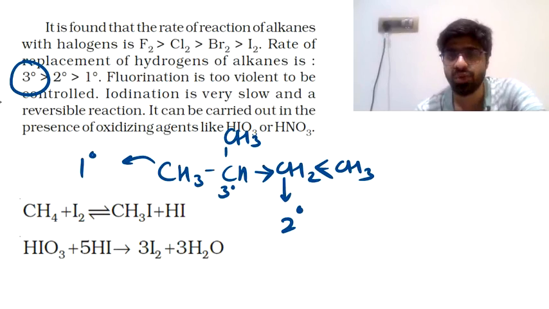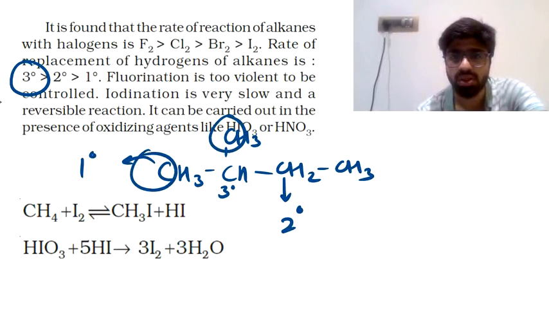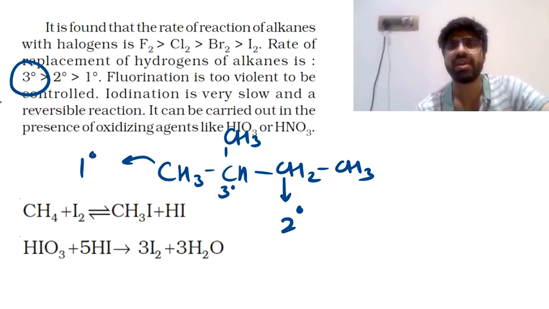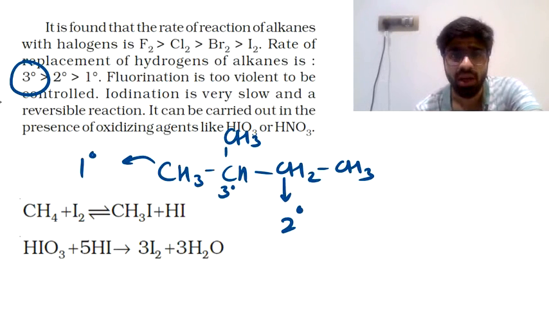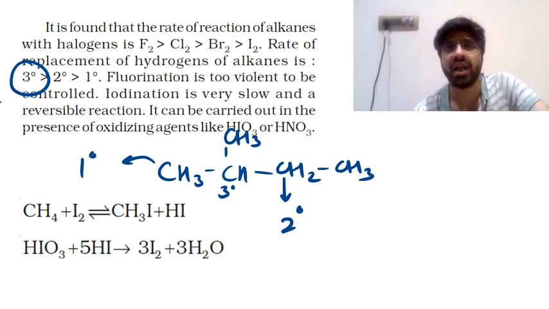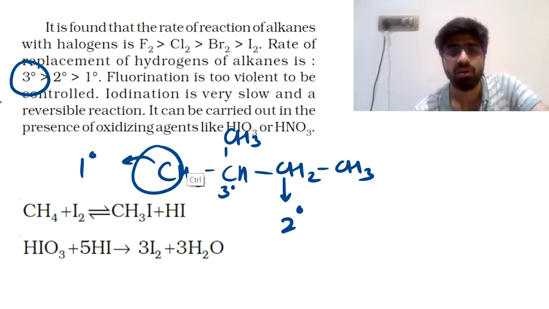And in a similar way, if you talk of a primary carbon atom like this or this or this, then a primary carbon atom is going to face push only from one carbon atom. Compared to secondary and tertiary, the primary carbon atom is having the least of pushes from the alkyl groups, and that is why the hydrogen atom of a primary carbon atom will come out in the most difficult way.